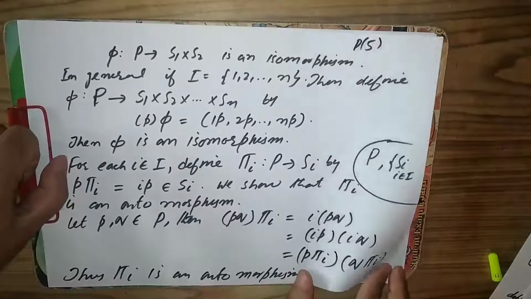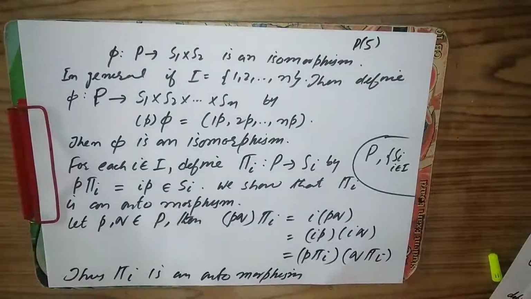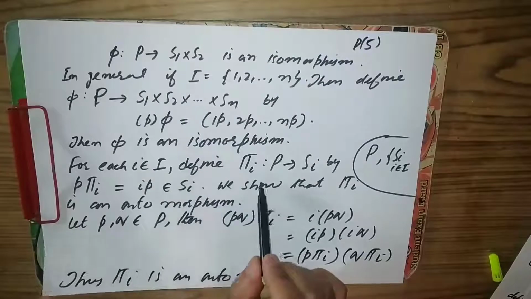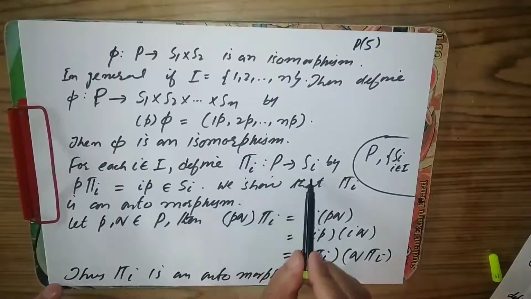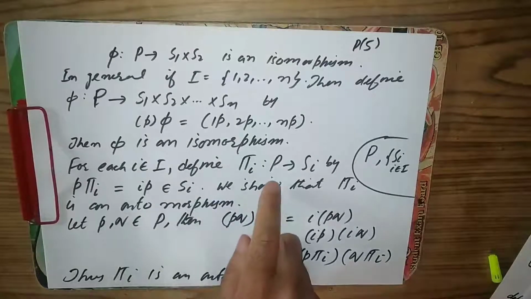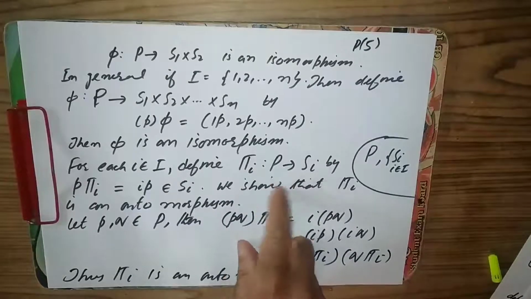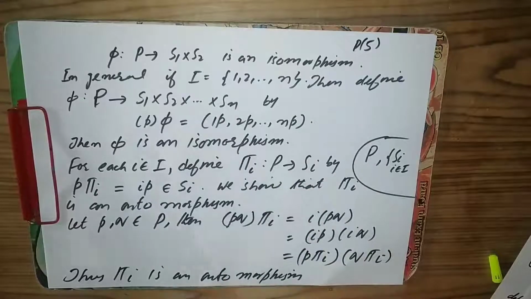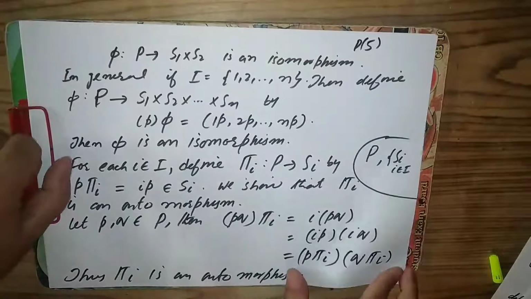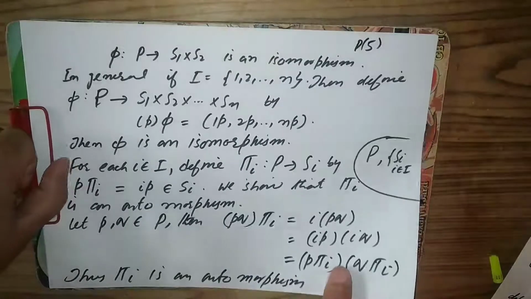So next we see that for any semigroup T, because here P is a semigroup such that for each i I can define a map pi i from P to Si, and that map is a morphism, an ontomorphism. So we show that if there is any other semigroup T having this property, then I can define a map gamma from T to P such that a certain diagram commutes, which I will explain here.